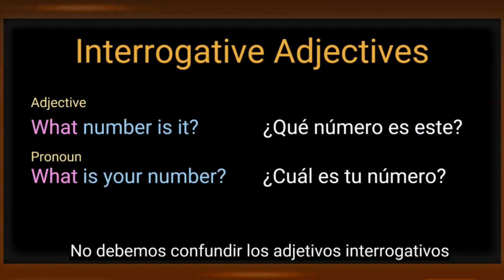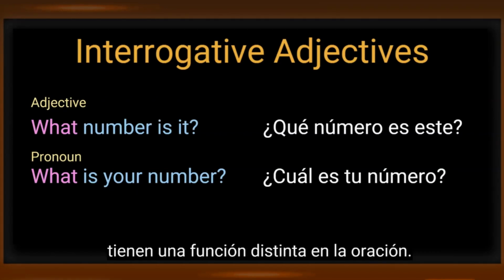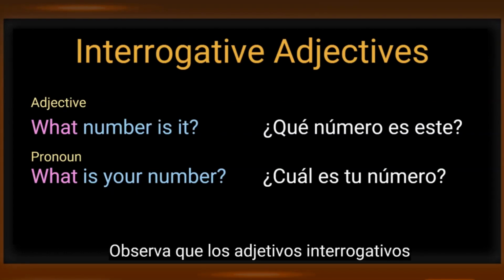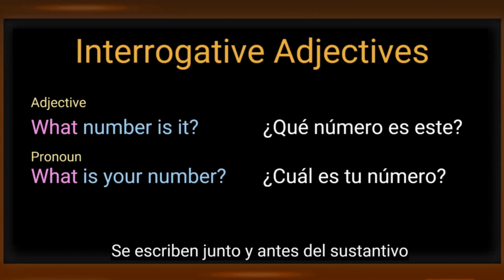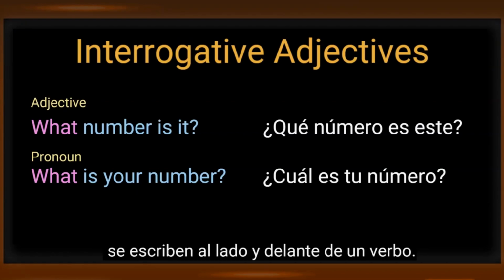We must not confuse interrogative adjectives with interrogative pronouns, since, although they are written in the same way, they have a different function in the sentence. Note that interrogative adjectives are written beside and before the noun they modify, meanwhile interrogative pronouns are written beside and before a verb.